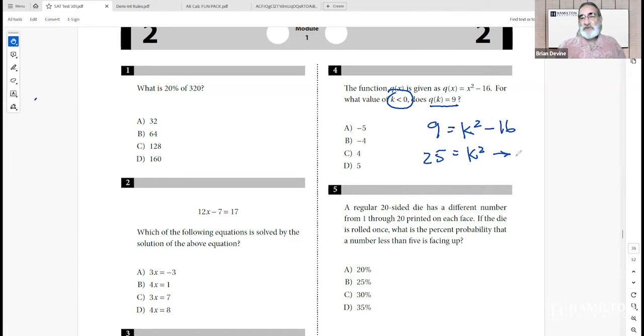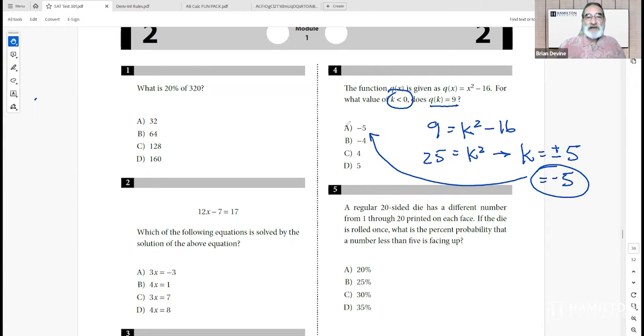And if I flip that around and take the square root of both sides, k then would have to be either the positive or negative of 5 for that to be true. And so I'm told that k has to be negative. So negative 5 would be my best selection. Negative 5, A, and you're right.